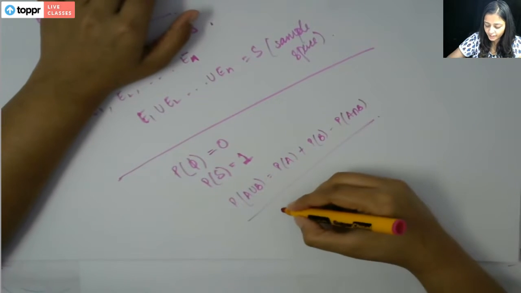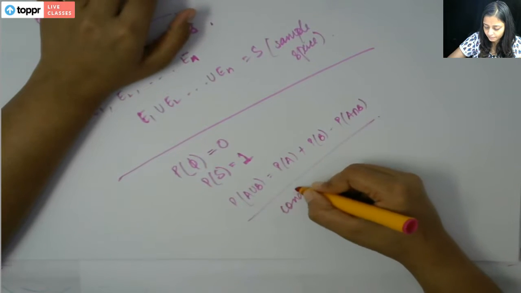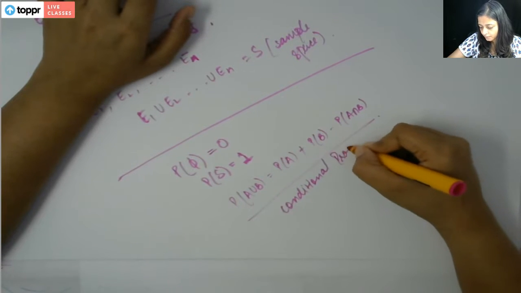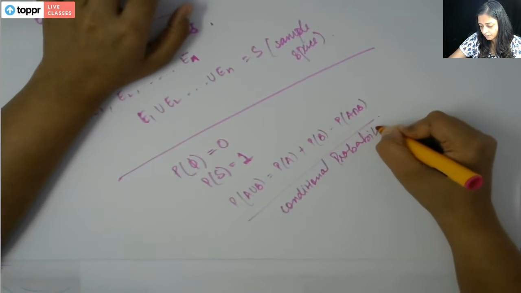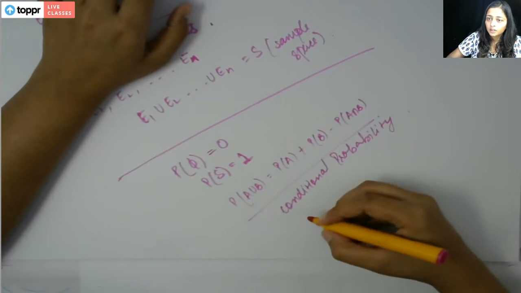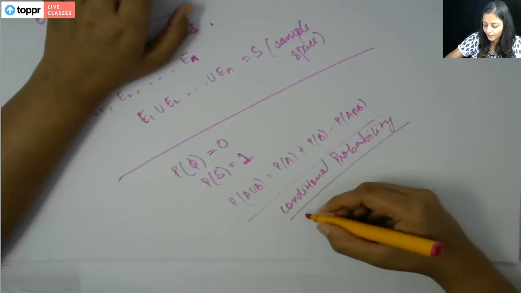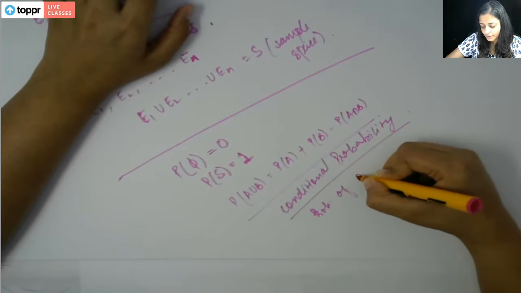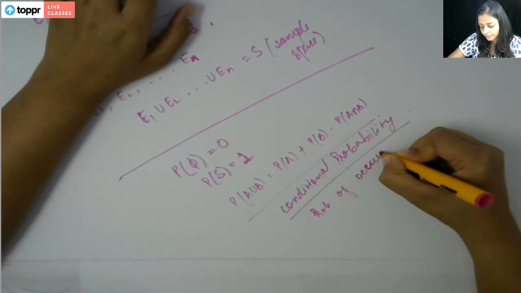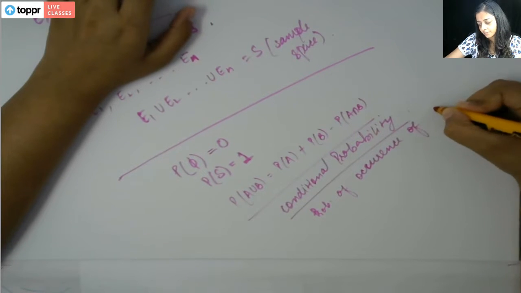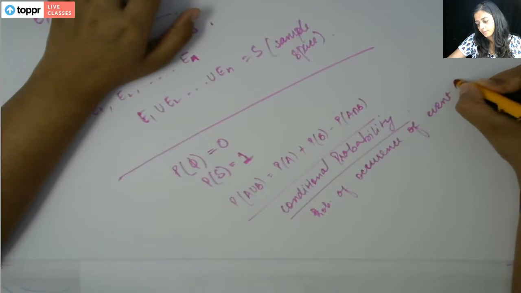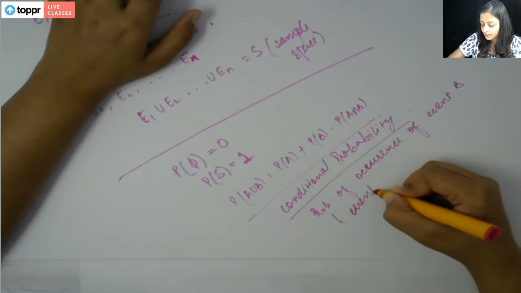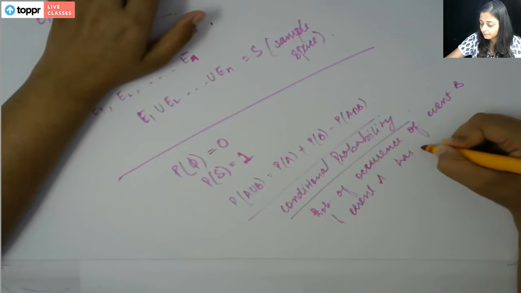The next is conditional probability. Suppose you have to find the probability of occurrence of event B and you know that event A has already occurred.